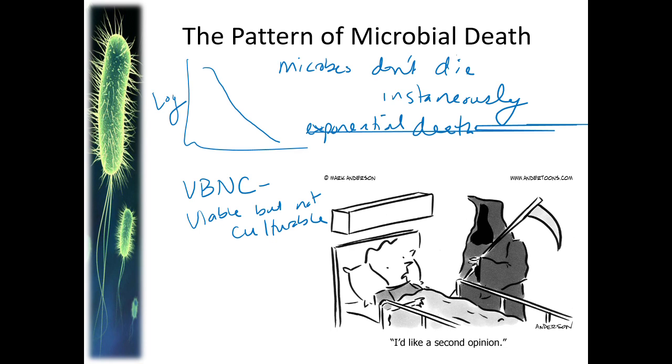Often we're stuck asking, do they grow? Because they're tiny and I can't take their pulse, and I can't look for whether they're breathing. I can try and see if they're making ATP. Sometimes I can measure their oxidation reduction chemistry. But again, these viable but not culturable organisms can be problematic for trying to figure out whether you've killed things or not, because they're kind of hanging out in the interim.